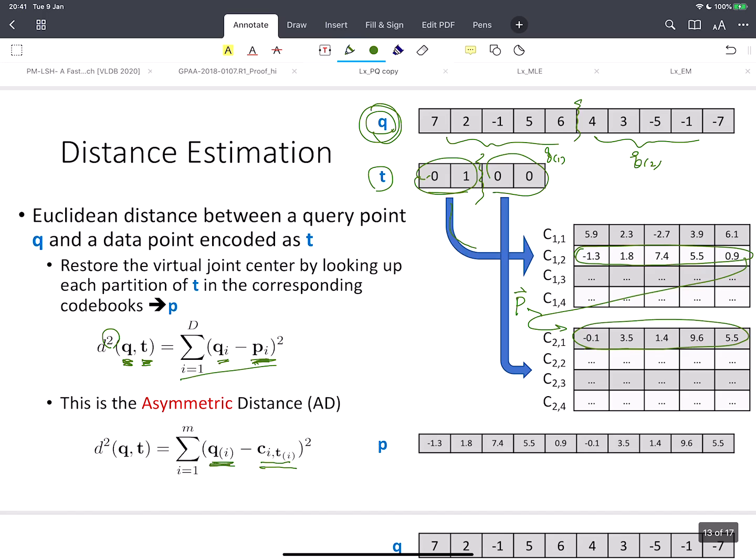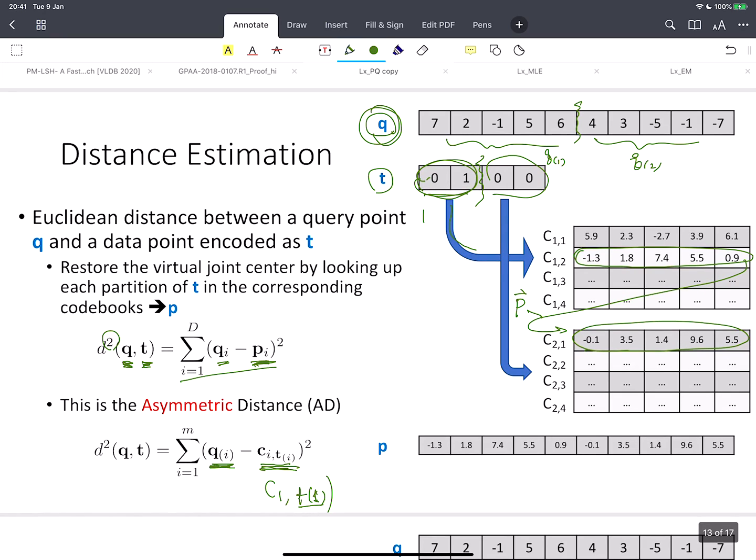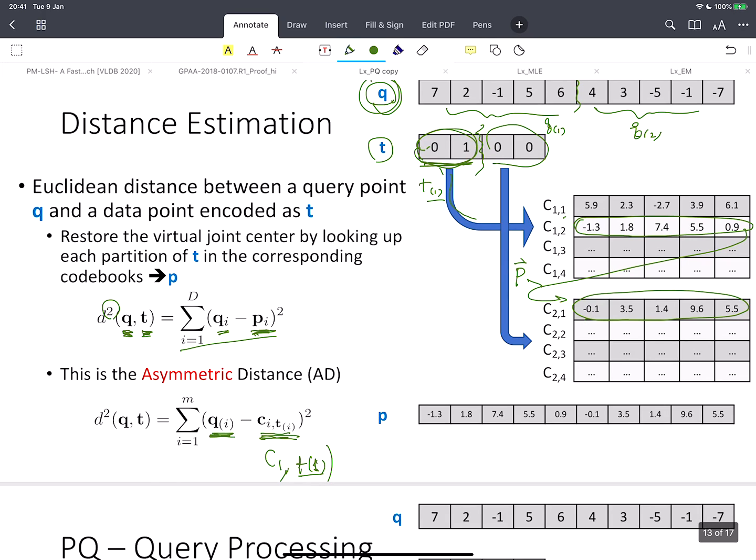Each Q1 is compared with C1, and t1 is the index. You look up the index. Notation wise, for readability we start with 1, but if we start with 0, this equation is correct.